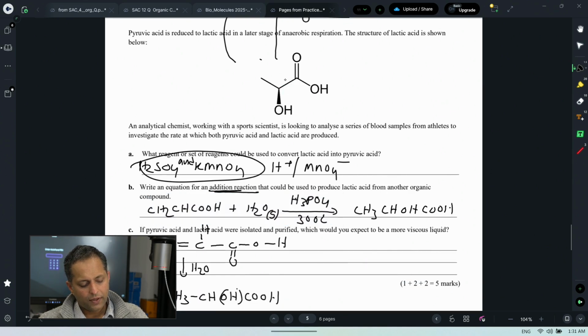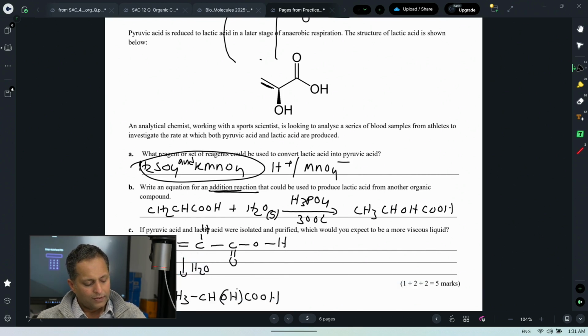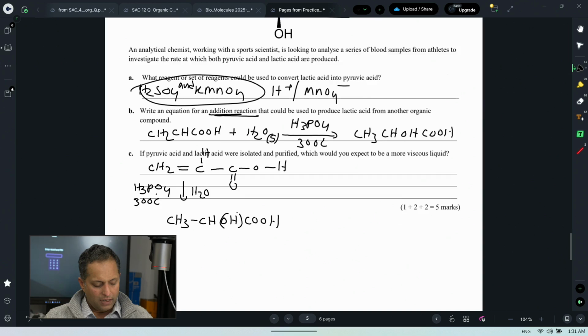That is why I put the carbon-carbon double bond here. Then I know that to introduce OH, we need to add water. That is how I did that. I know it's a little bit tricky.